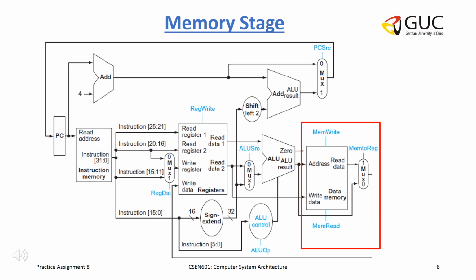You can also see in the red box two control signals: Mem write and Mem read. Mem write is 1 whenever I am writing to the memory, which is in store, so it is only 1 when I am in store.